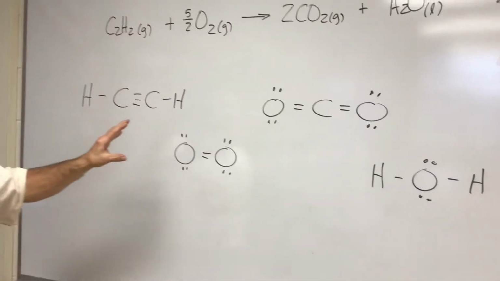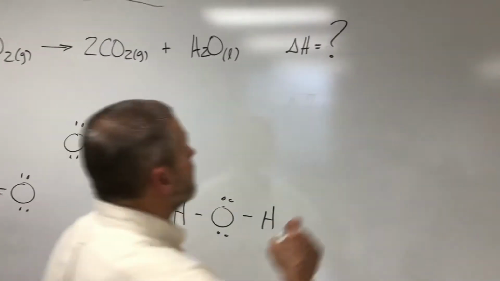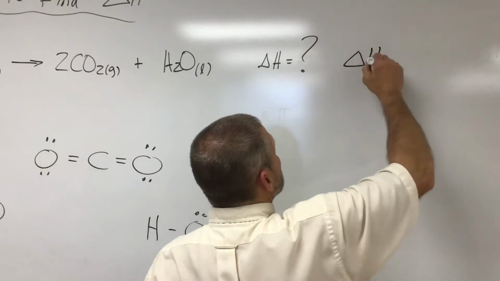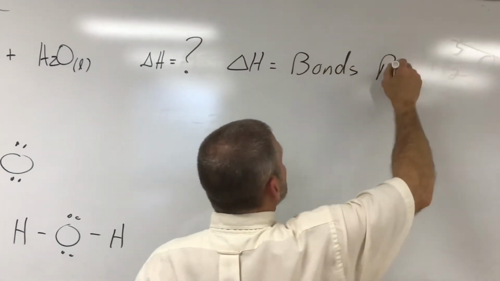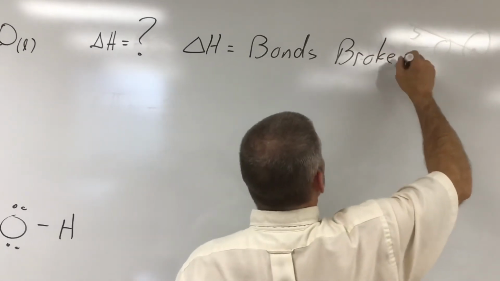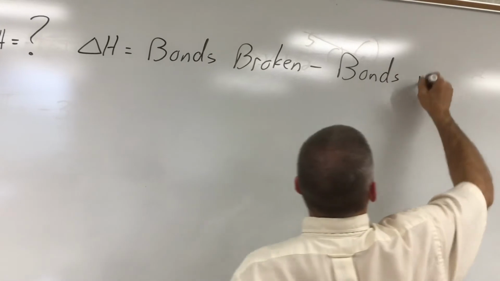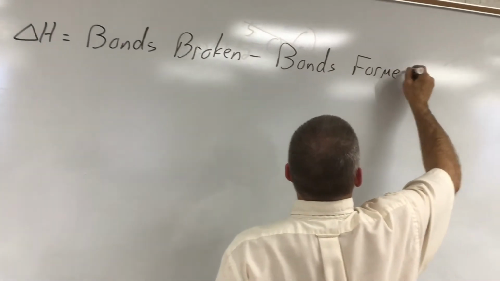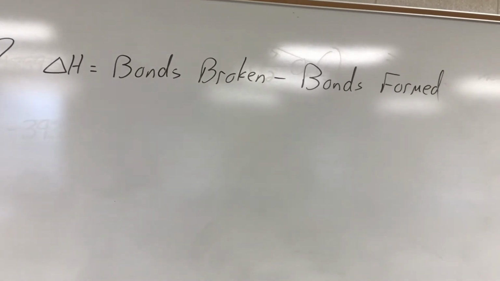Now also, when you're doing bond energy and you want to find delta H, it's bonds broken minus bonds formed.